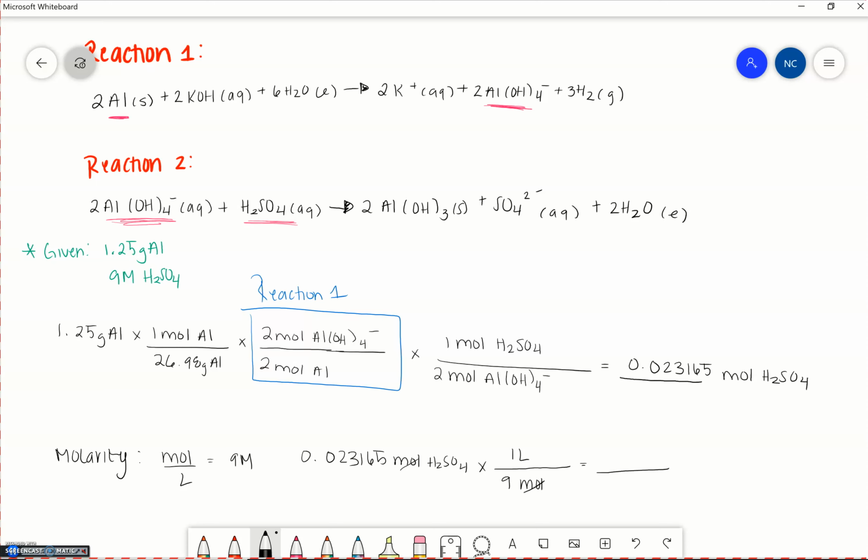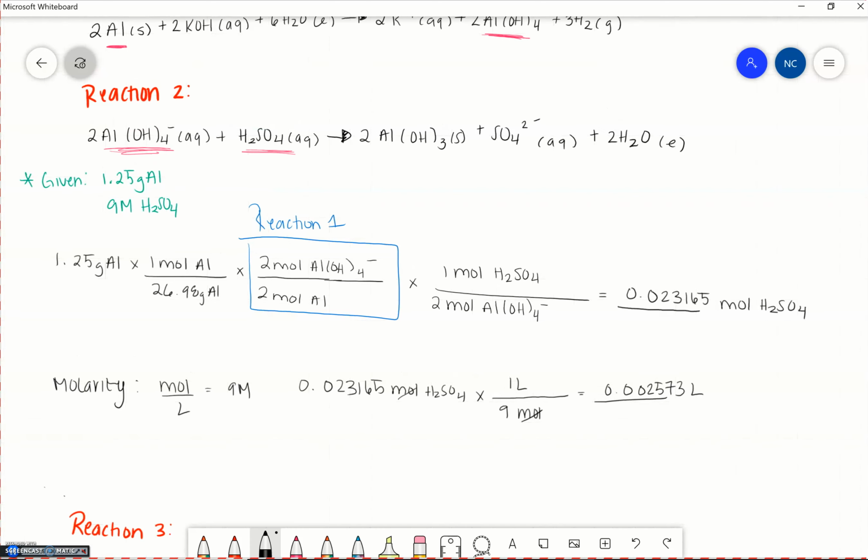So the answer we should get there is 0.00253 liters. But our answer has to be in milliliters, so we just will multiply by 1,000 to get milliliters. 0.00253 liters, I'm going to multiply it by 1,000 milliliters, because for every 1,000 milliliters there is 1 liter.